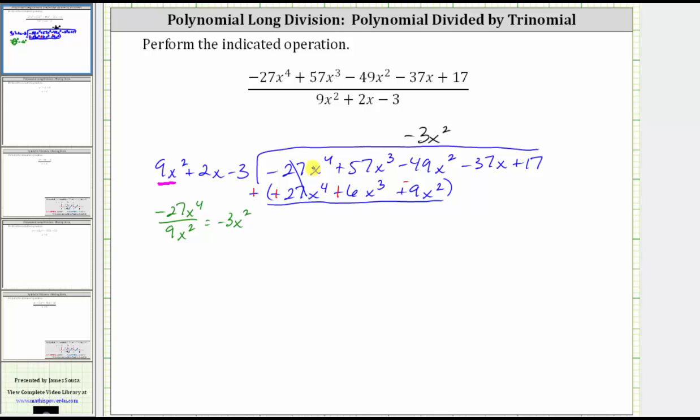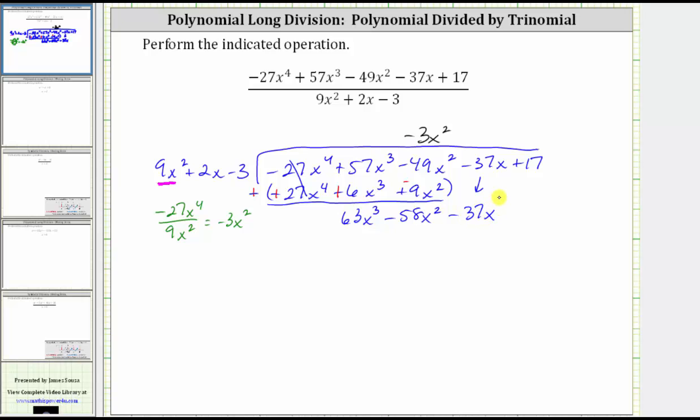This sum is 0, and then we have 57x cubed plus 6x cubed, which is 63x cubed. Here we have negative 49x squared plus negative 9x squared, which is negative 58x squared, giving us minus 58x squared. And now we bring down the next term, the dividend, which gives us minus 37x.